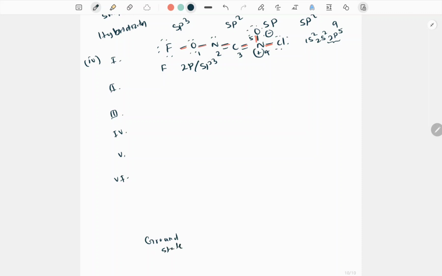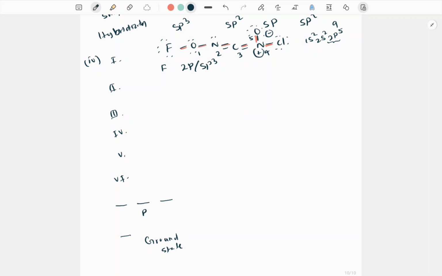Now you have 2s2, sp3. You have p suborbitals like this, and one s suborbital, right?